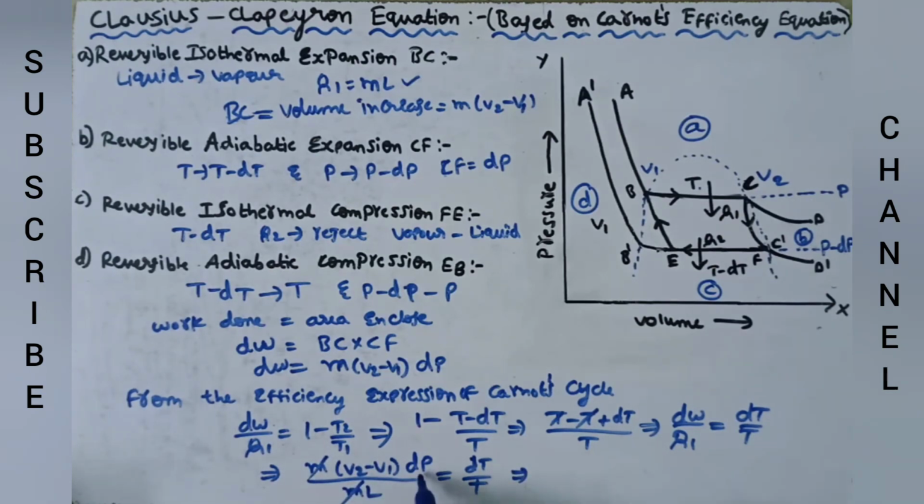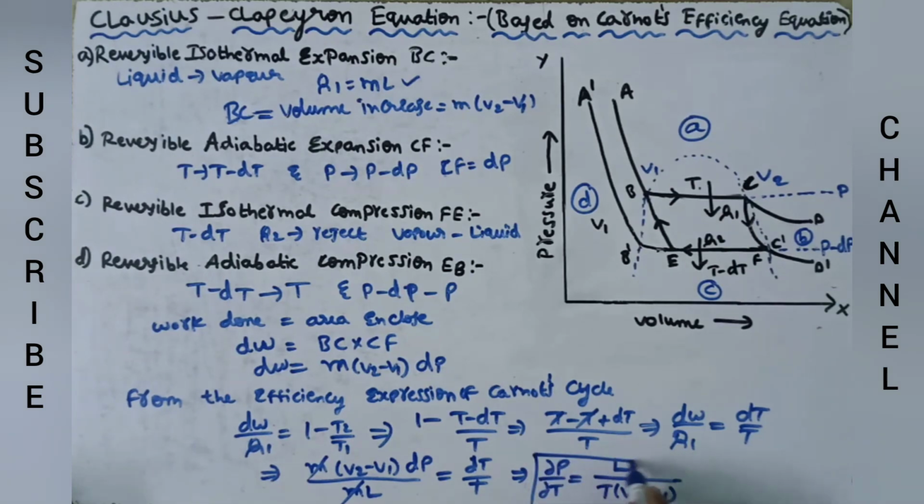We need dP by dT in the Clausius-Clapeyron equation, so we send this dT to the other side. This becomes dP by dT. Here L we send to the other side; it is dividing, so it becomes multiplied. This becomes L by, and V2 minus V1 is multiplying, so when we send it to the other side it divides: T into (V2 minus V1).